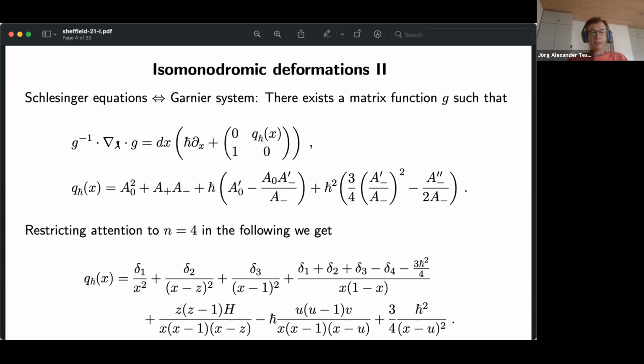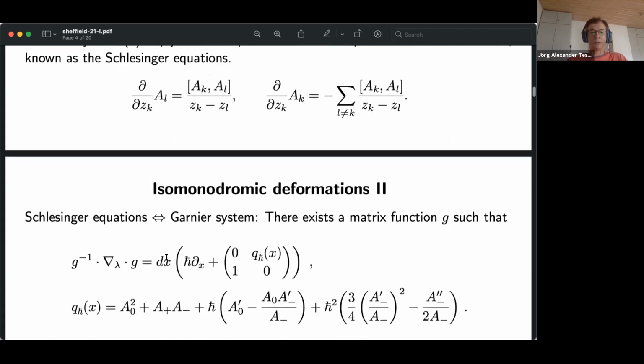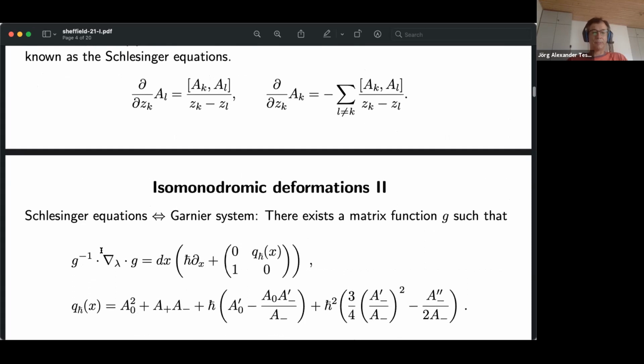What I should have written here, I just noticed, is the notation for a connection nabla. That is just meant to be the connection whose flat sections are these matrices psi, right? So it is represented exactly by our matrix function A of y as the connection 1 form. This now was abbreviated into nabla lambda.